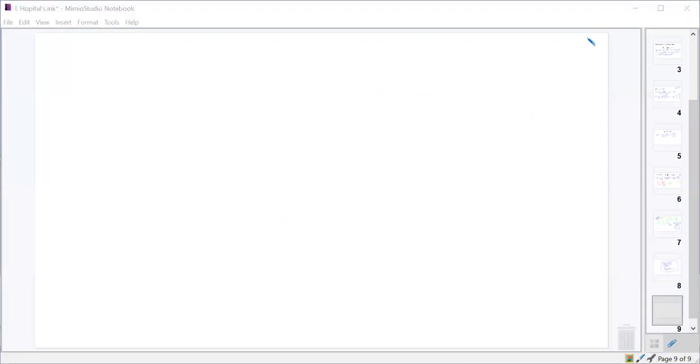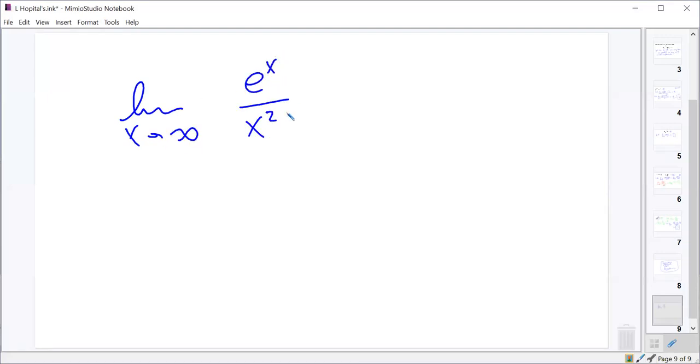So what if I gave you this? The limit as x approaches infinity of e to the x over x squared. What should that be? Which one increases more quickly? The numerator or the denominator? The numerator does, right?